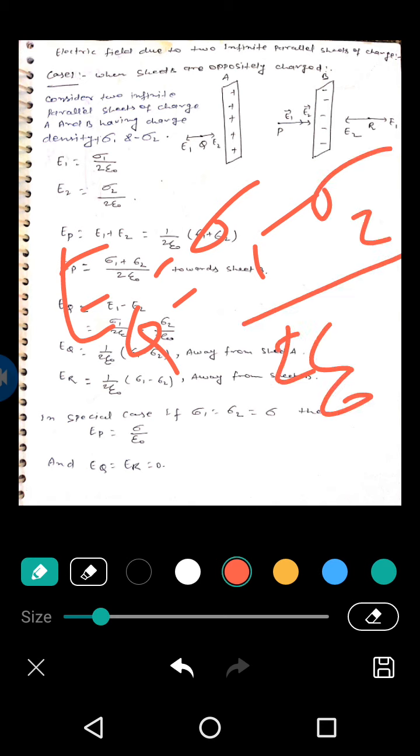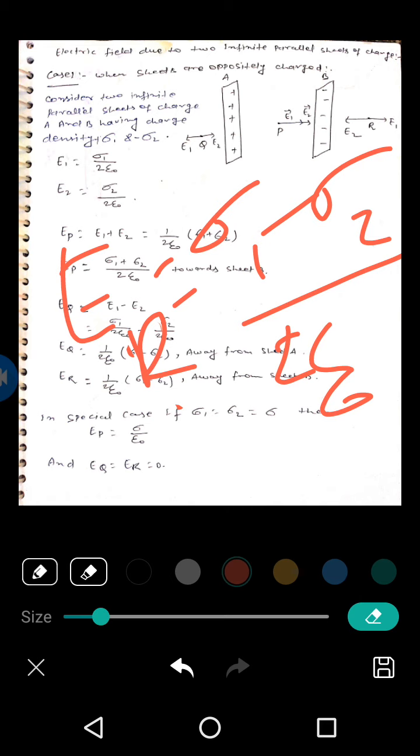This is the electric field at point Q, and at point R it has the same value.